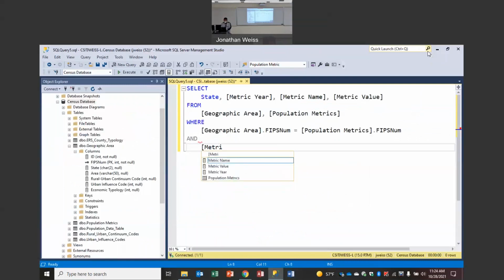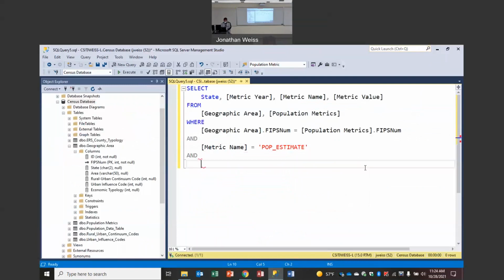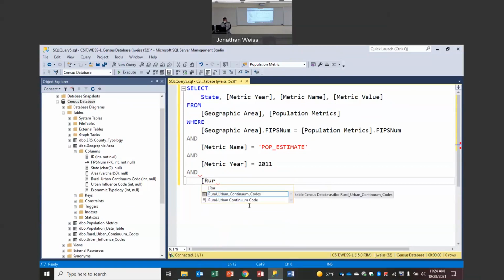So let's capture that. The year is 2011. And rural urban continuum code is null.